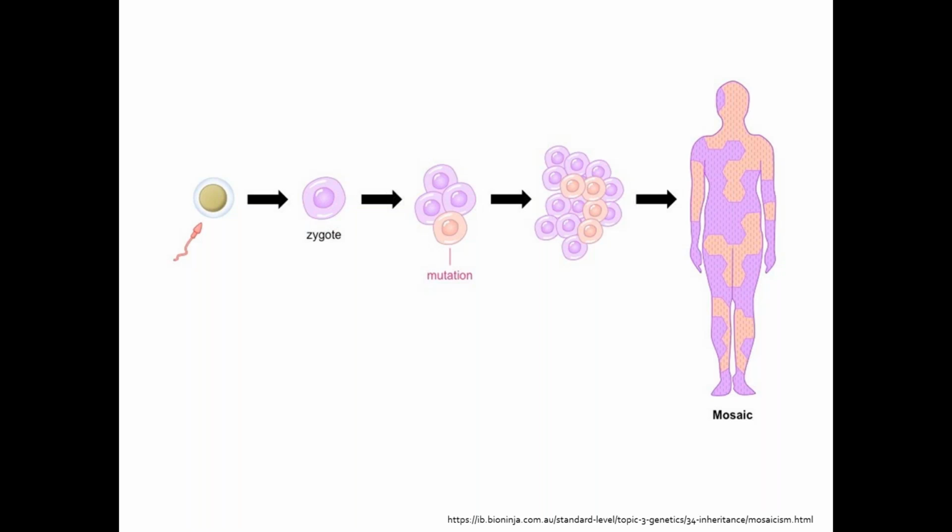When we talk about the number of repeats to somebody, we have to be very careful when we say, oh, this is the number of repeats, so we think that your symptoms are going to be more severe because your repeats are this high. Well, what if the number of repeats in the muscle isn't that high?